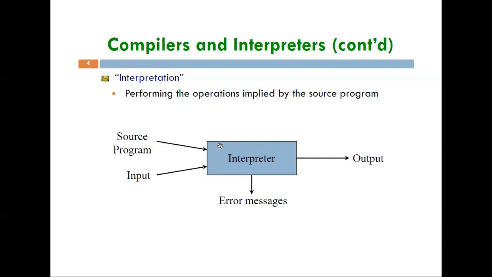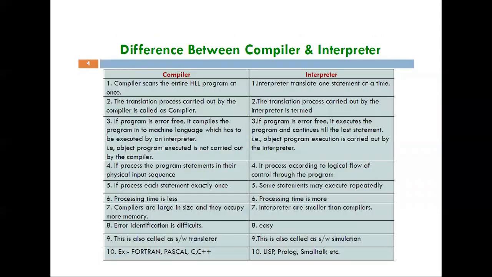In this model you can see it contains the source program as well as input. Here also it encounters error messages. Whatever source program is scanned line by line by the interpreter, it then produces its output. It can't translate one form to another form. So that is a major difference between compiler and interpreter.